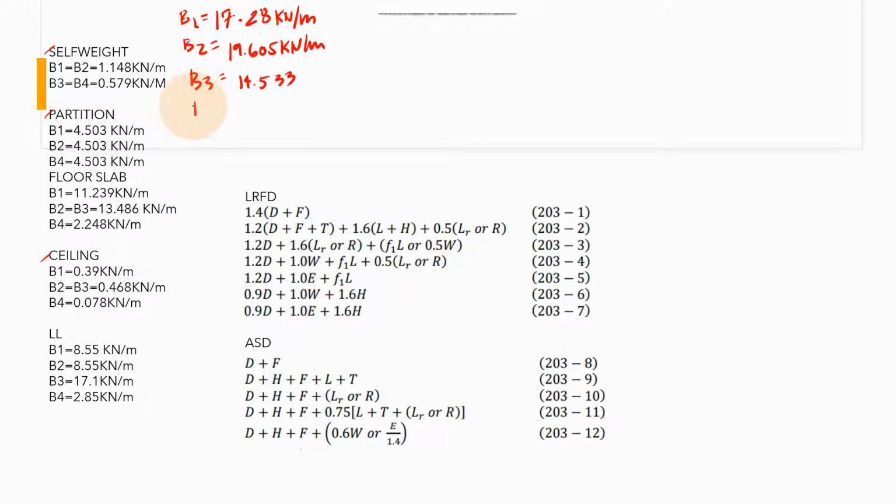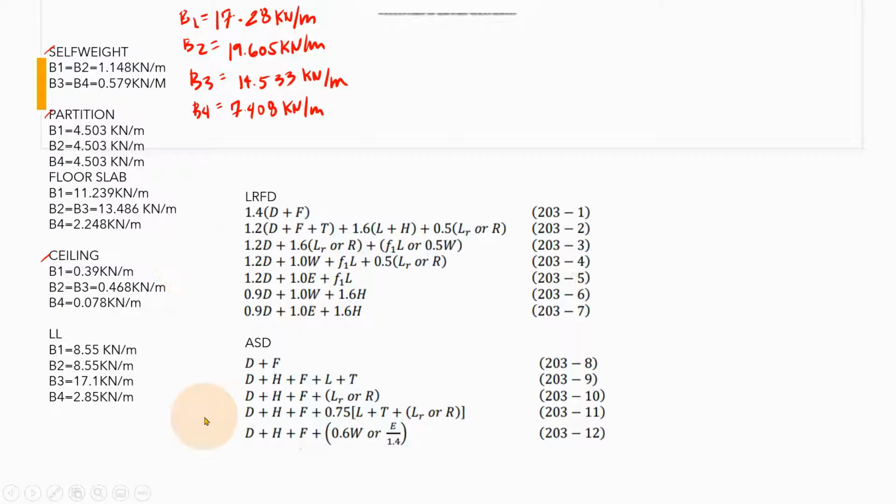And then for our beam 4, we have 2.248, and then we have 7.408 kilonewton per meter.